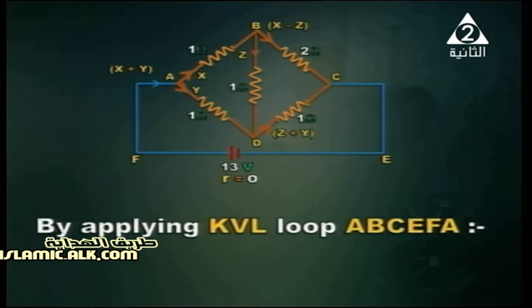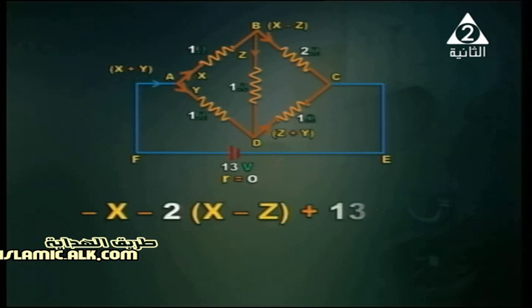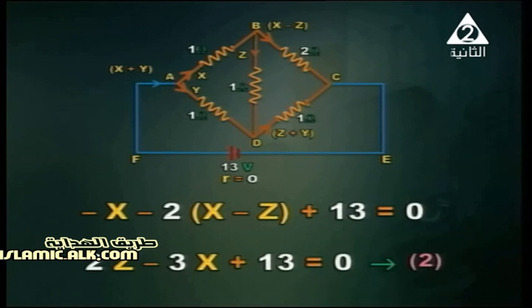Applying KVL, Kirchhoff voltage law, on loop ABCEFA. So we can say minus X minus 2 between brackets X minus Z plus 13 equals 0. We'll rearrange this. So 2Z minus 3X plus 13 equals 0.